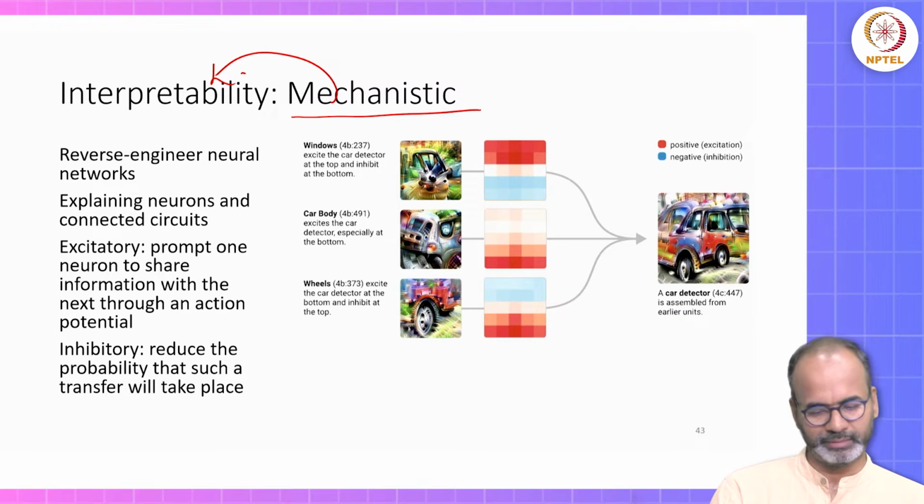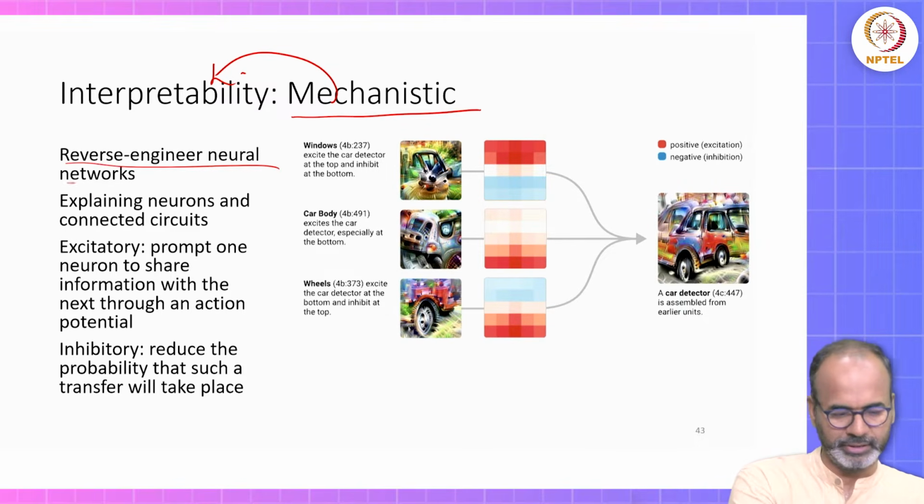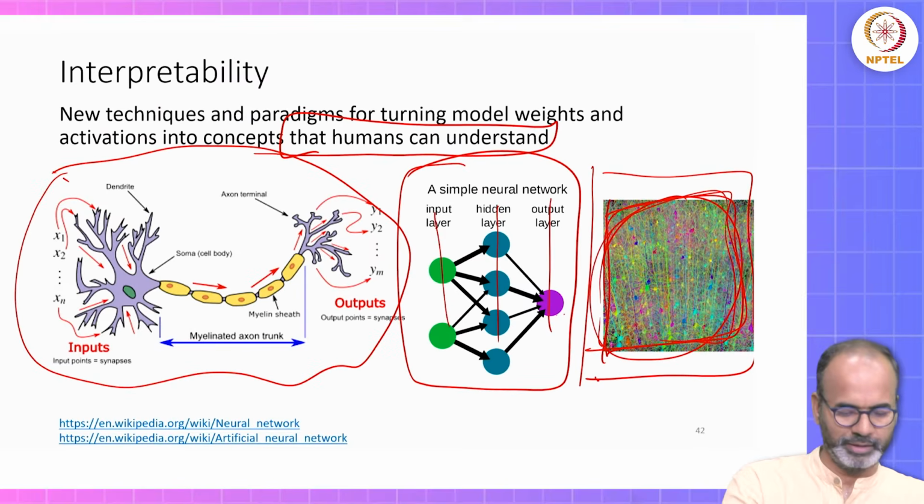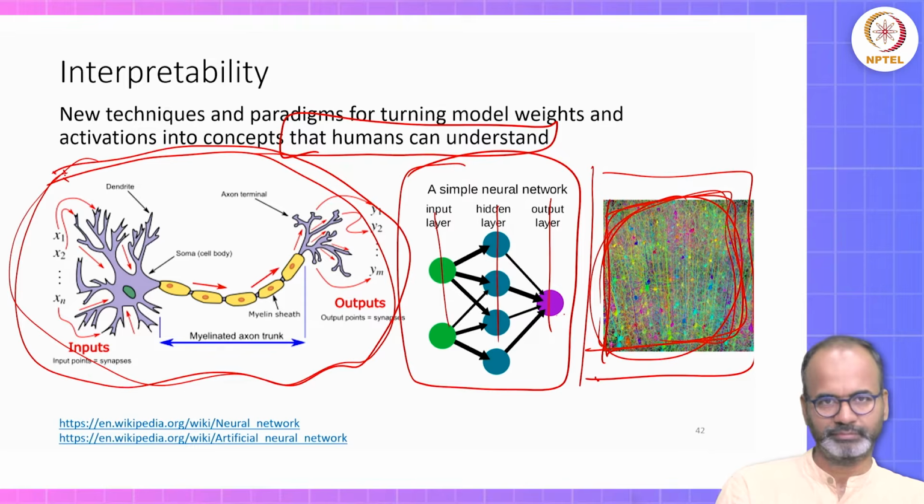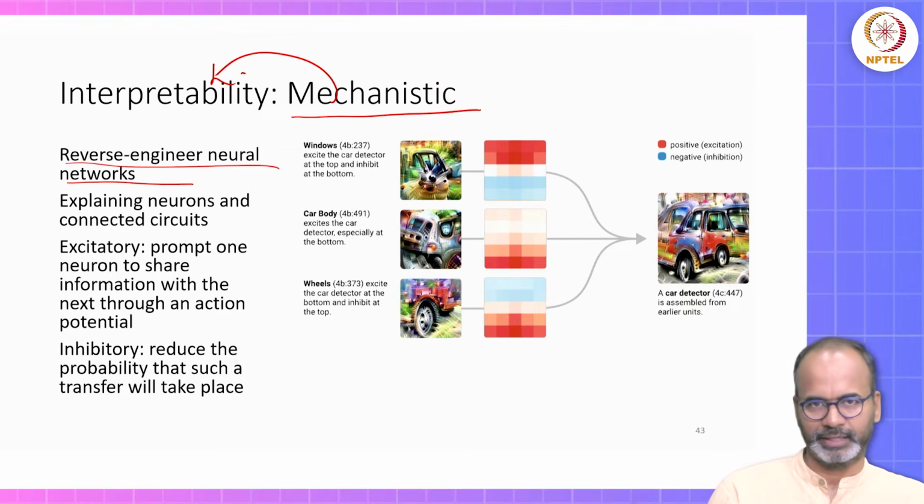So let's look at a very abstract view of how mechanistic interpretability works. The idea is, can you actually reverse engineer neural networks? Can you take a neuron and study, for a particular topic, for a particular task, how the neurons are actually activated and how we can understand from that?